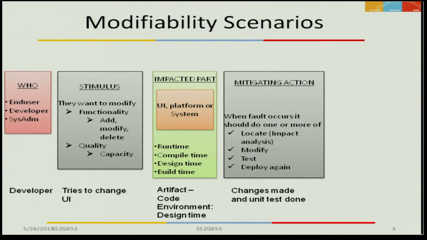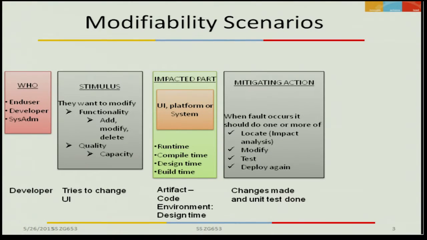So as a result, when a developer is trying to change the UI and change the code to make the change, the possible mitigating actions are locating the point in the artifact where the change has to be made, or modification, testing, or deploying again.